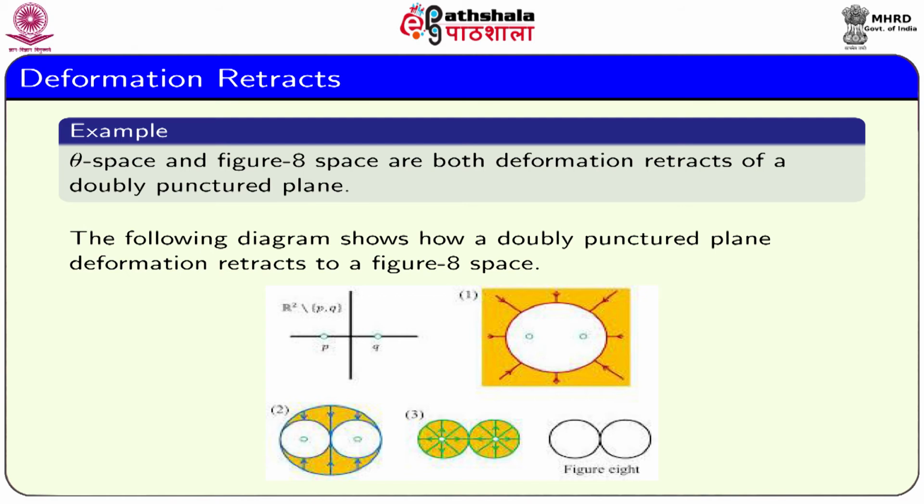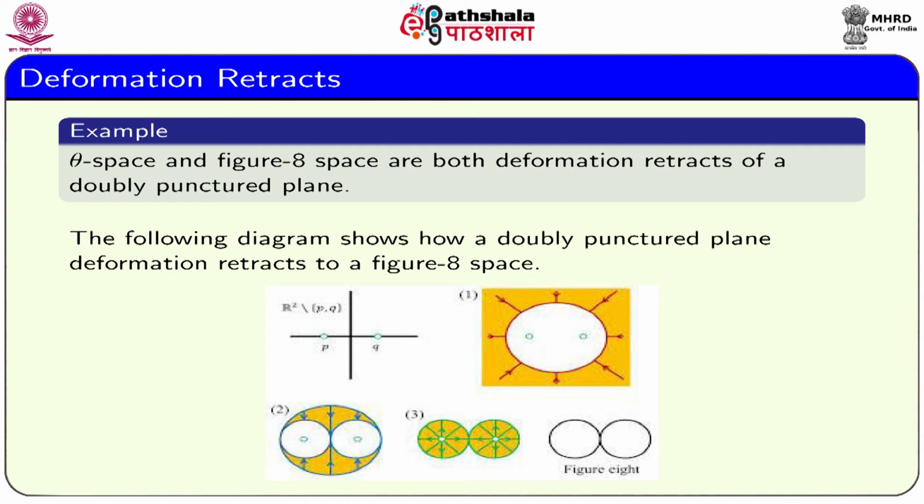So, stretching and squeezing is not altering this shape. If we draw 2 circles here and apply these techniques, then R2 minus those 2 points, that is the doubly punctured plane, will deformation retract to a figure 8 space.